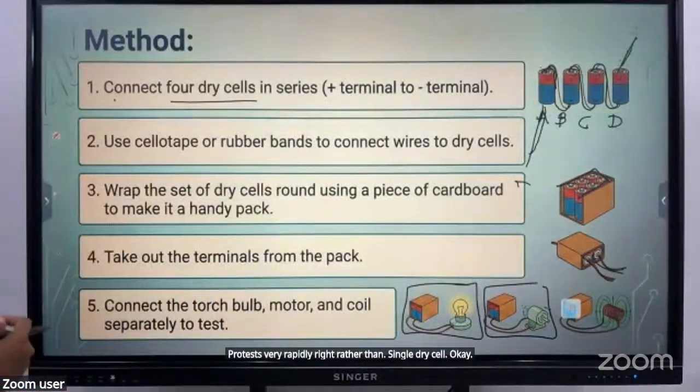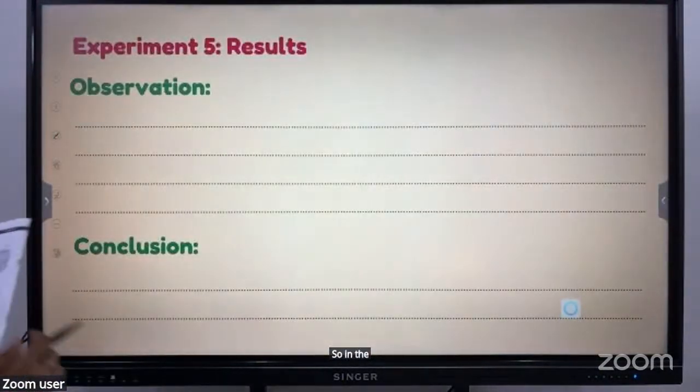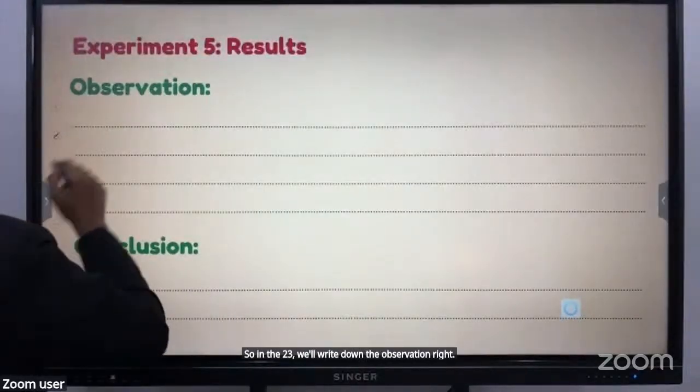Okay, right. So in page number 23, we'll write down the observation, right? Okay.